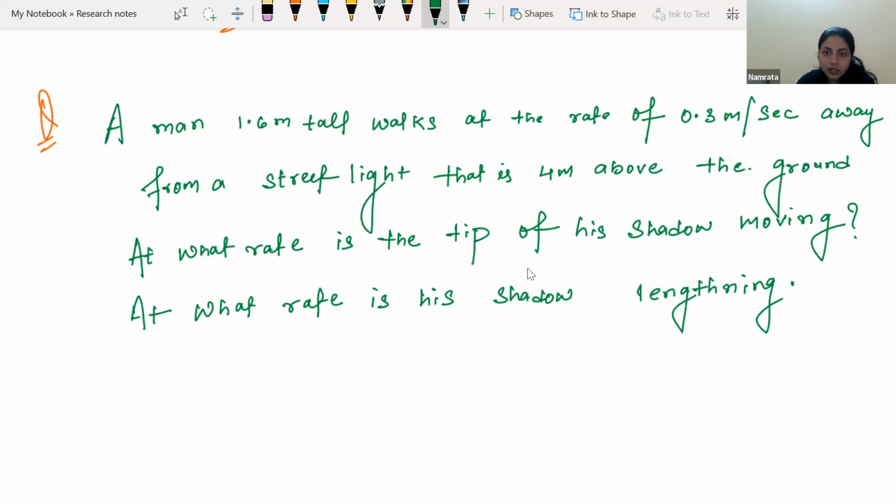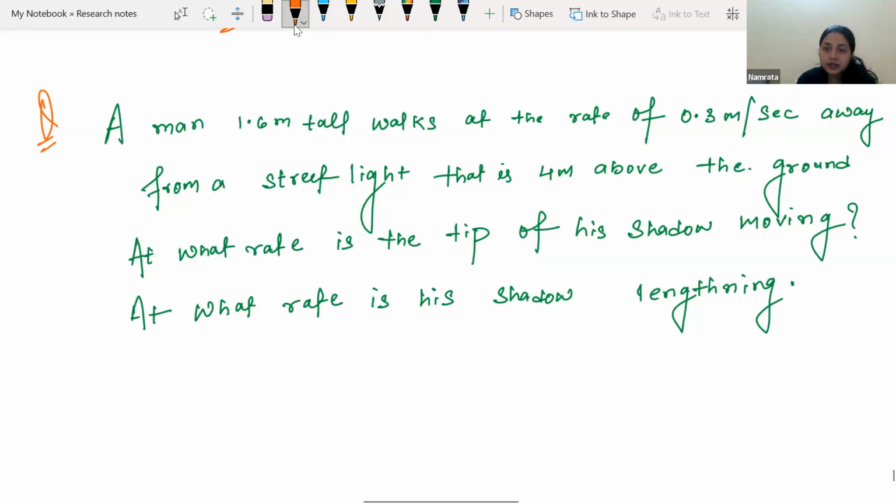Okay, so here it's given that a man 1.6 meter tall walks at the rate of 0.3 meter per second away from a street light that is 4 meter above the ground.